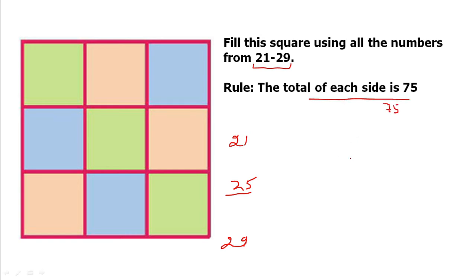How will we have 75? 25 plus 25 plus 25, that is 75. Means if one number is 25, another two numbers cannot be 25 because we cannot repeat the numbers. We have 9 numbers between 21 to 29 and we have 3 cross 3 grid, that is 9 boxes there.